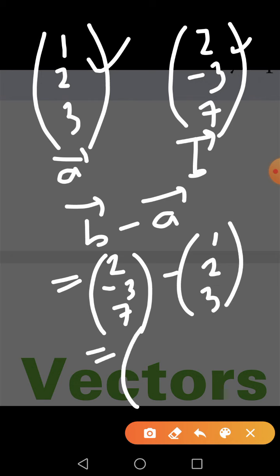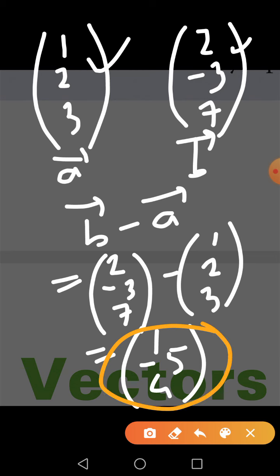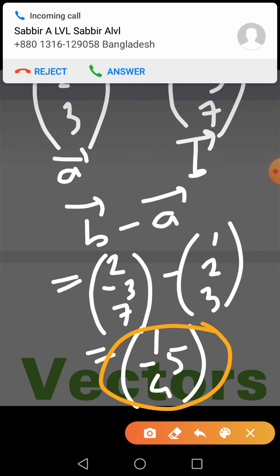So 2 minus 1 would give us 1, minus 3 minus 2 would give us minus 5, 7 minus 3 would give us 4. So 1, -5, 4 we can use as a direction vector. You can either use 1, -5, 4, or any multiple. I repeat, any multiple of 1, -5, 4 as the direction vector in the required line.